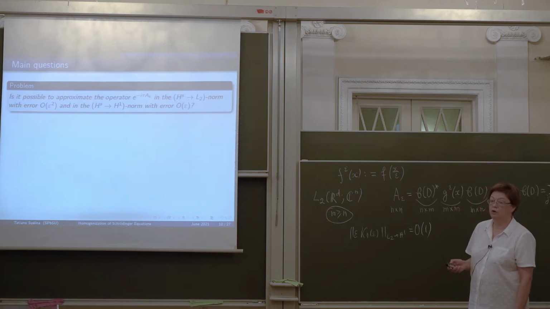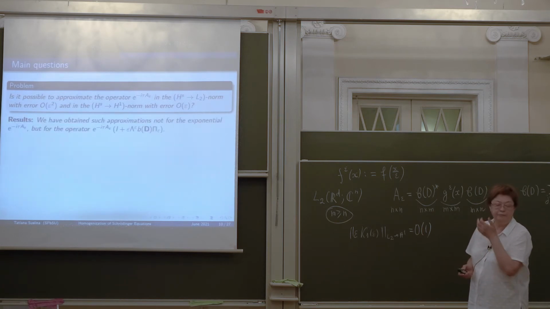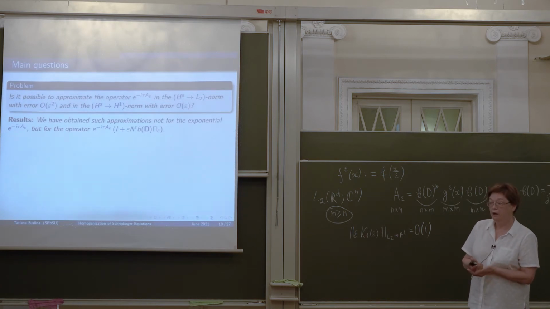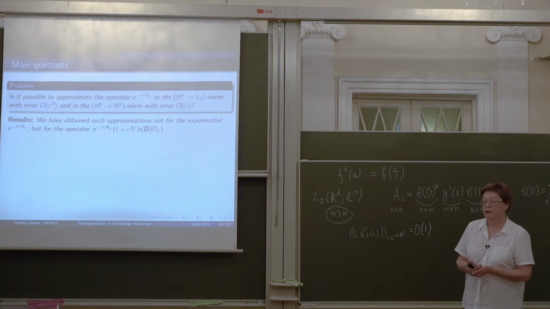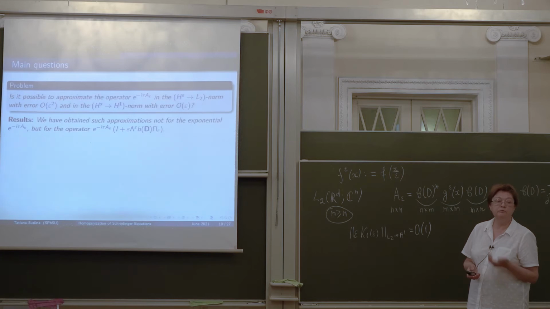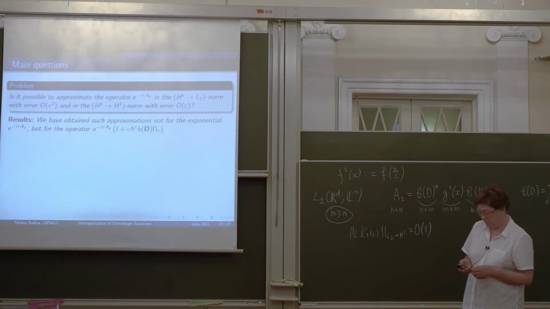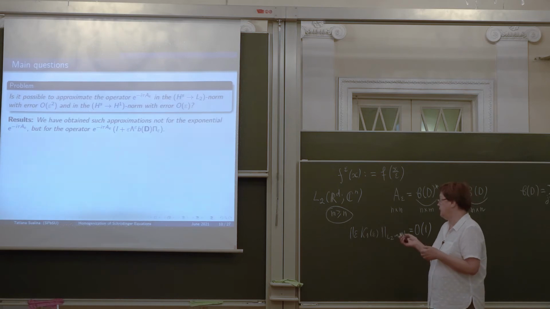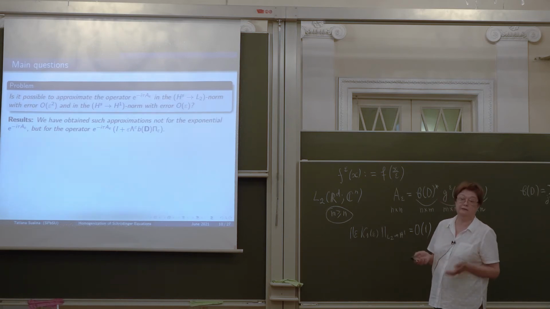The answer is no. It is impossible. At least it is not possible to find such approximations in the same terms as before, in terms of the spectral characteristics at the bottom of the spectrum. And I hope to explain why it is impossible.